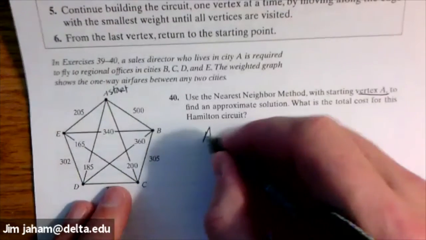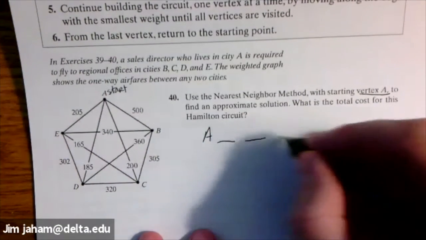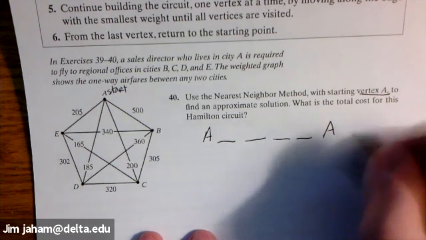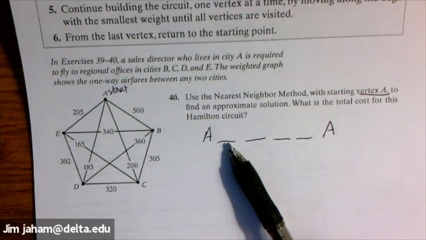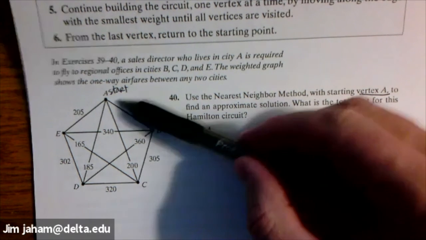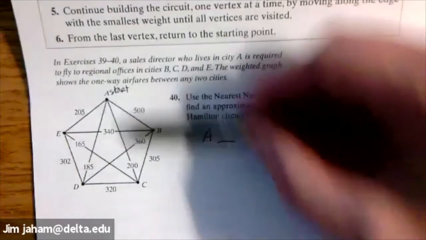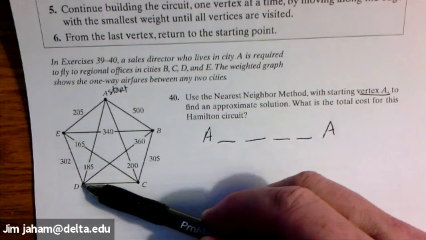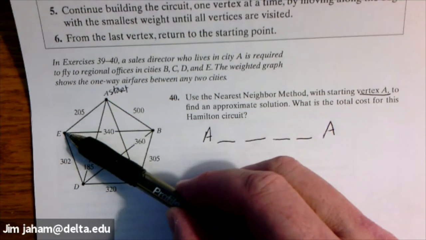and it's a circuit, so we want to visit E and B and D and C, but then we want to return to A to make up the circuit. So where do we go first? Our choices are down to B, that's 500, down to C, that's 200, down to D, that's 185, or down to E, which is 205.